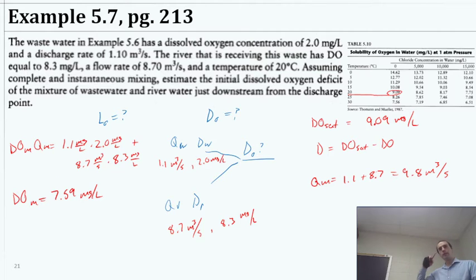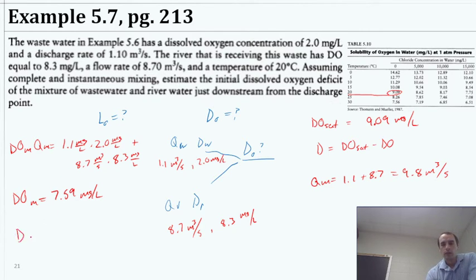My mind really wanted to say meters per second squared there. Then, given a simple mass balance, the DO of the mixture times the flow rate of the mixture should equal the DO times the flow of the waste plus the DO times the flow of the river. So we can solve that and get a DO of the mixture of 7.59.